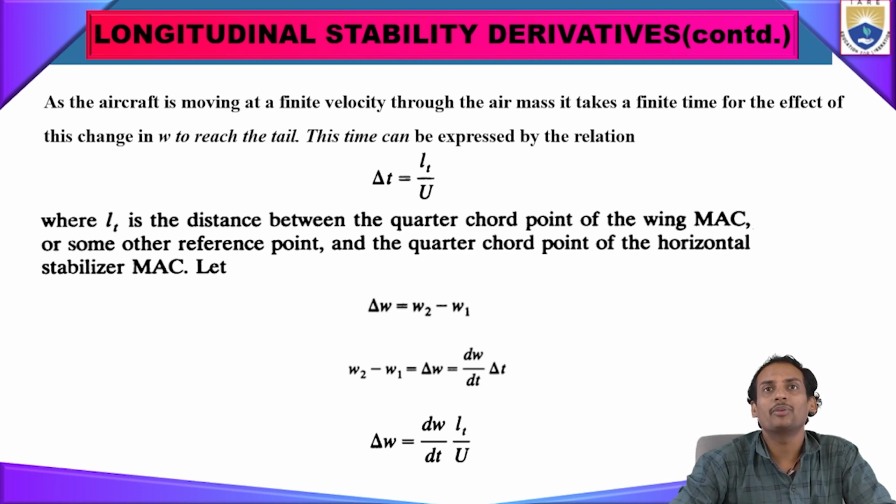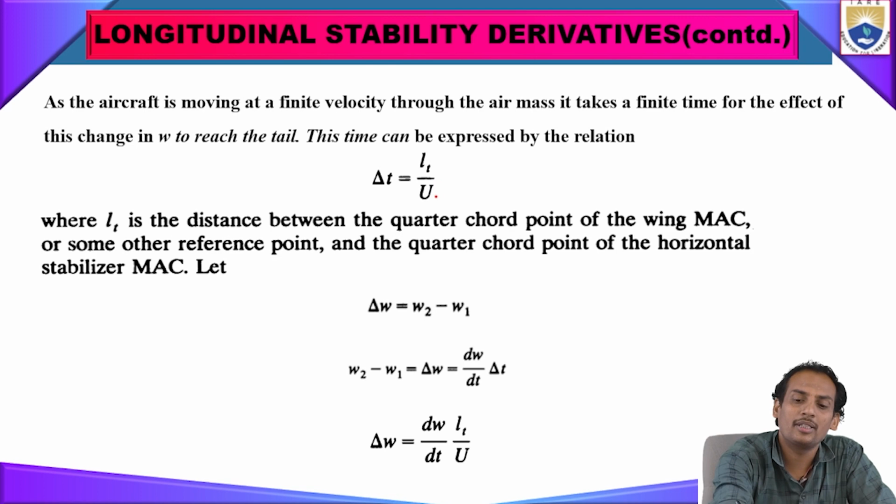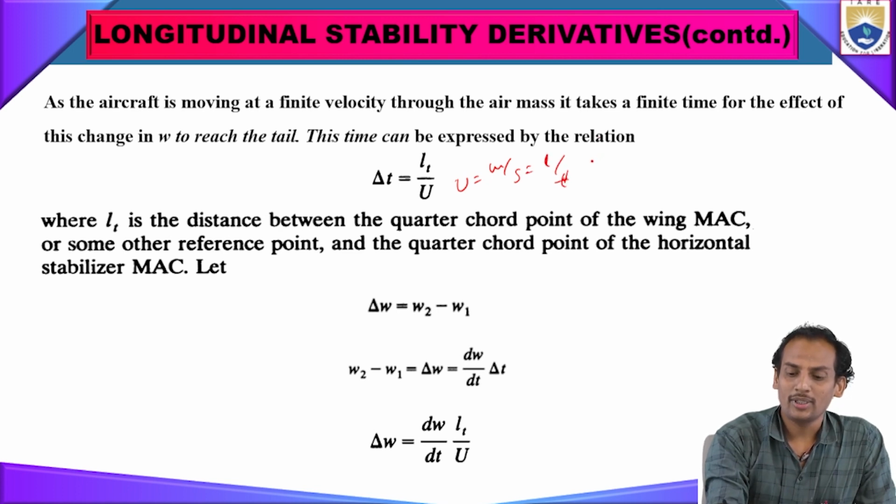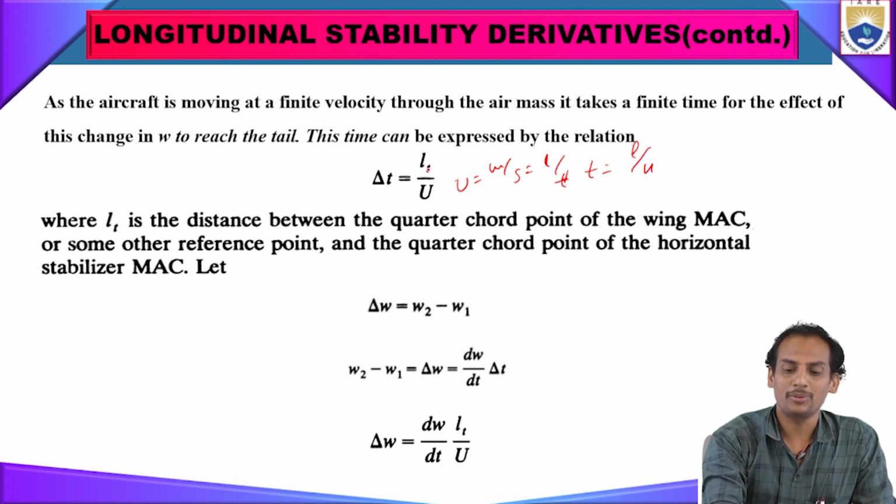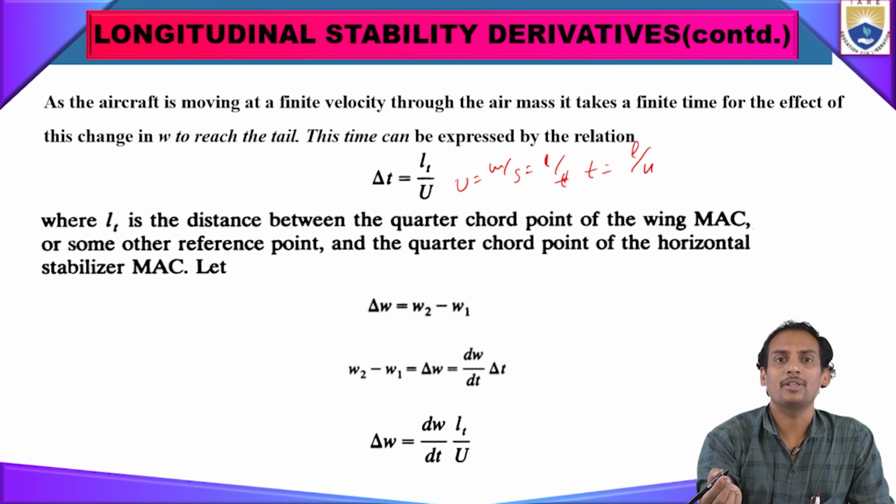The aircraft is moving at a finite velocity through the air mass, and with a finite time, the effect of the change in velocity w will reach the tail. So the time can be expressed by this relation. Generally, u is in meters per second, that is L by t. So if it is L by t, then t equals L by u, where the length is lt and u is the linear velocity.